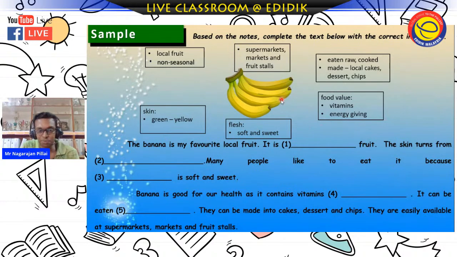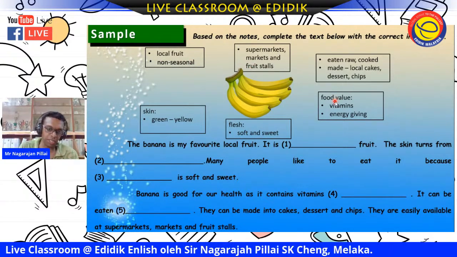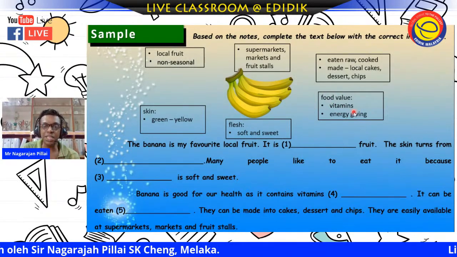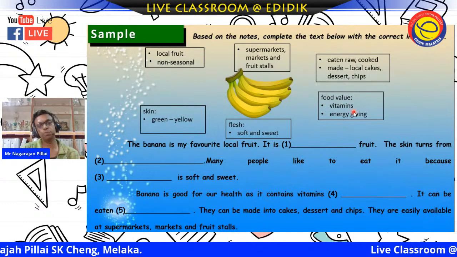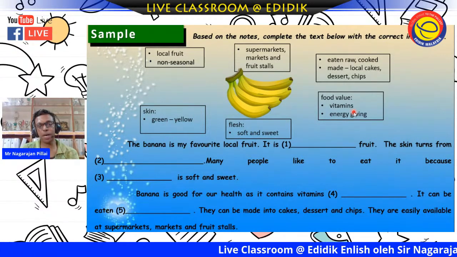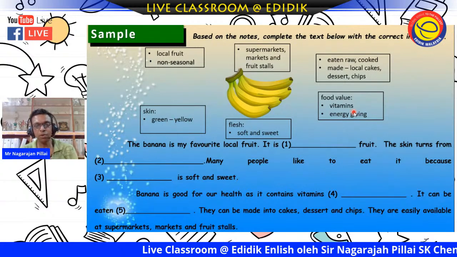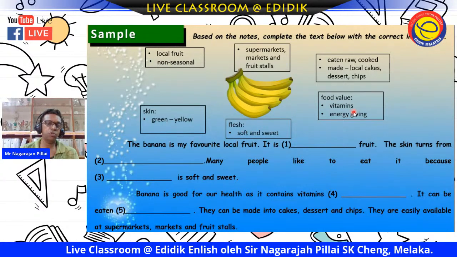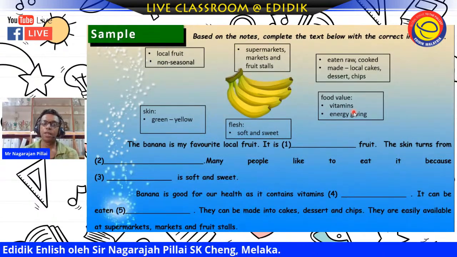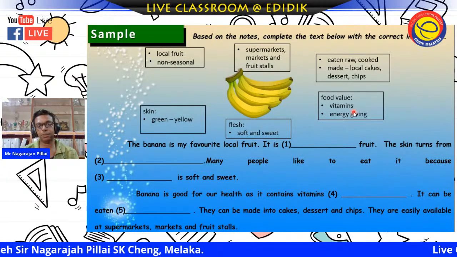Okay, do you see these bananas, these 6 boxes, okay, with the words, phrases? You need to study what the stimulus is about. You need to know, what am I going to answer after this? You don't straight away write, okay, number 1 is this, number 2 is this. You will end up losing marks.